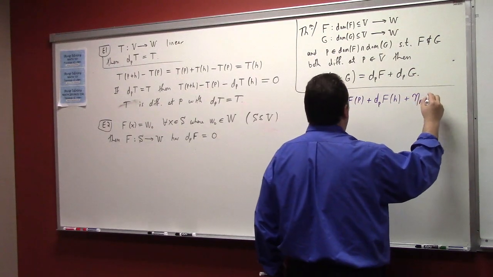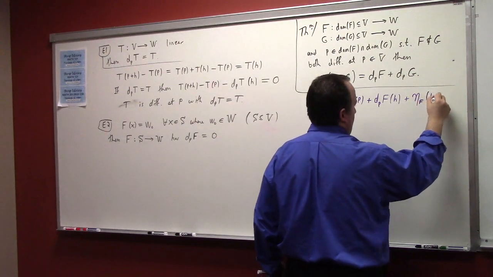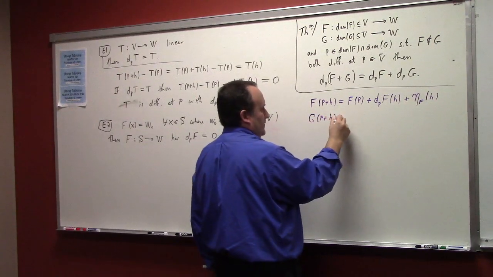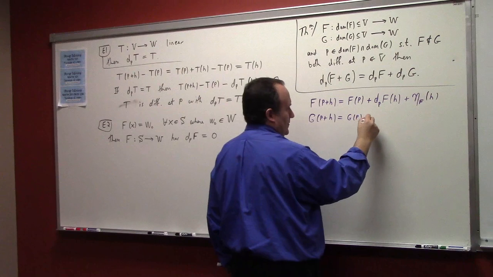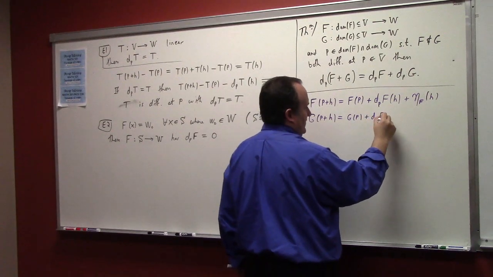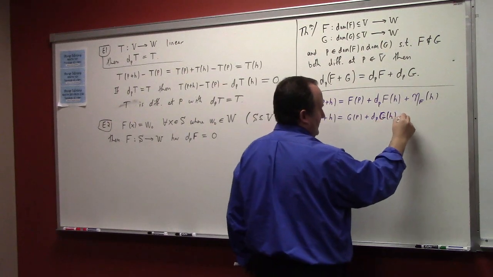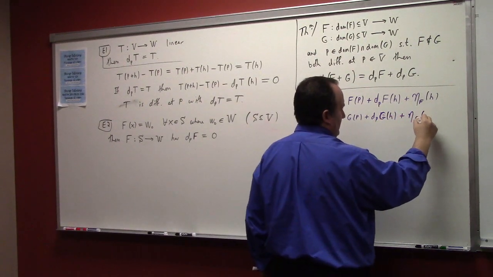Let me put a sub f on it since it's attached to f here, of h. And likewise, g of p plus h is g of p plus the differential at p of g of h plus the error function in g at h.